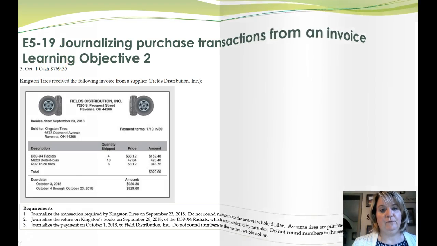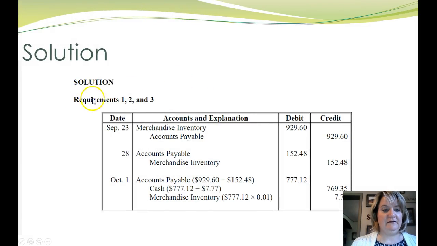So the solution is here. Here are the requirements, 1, 2, and 3. Here's how you journalize them. On September 23rd, you debit merchandise inventory for $929.60 and credit accounts payable. That's the total transaction.